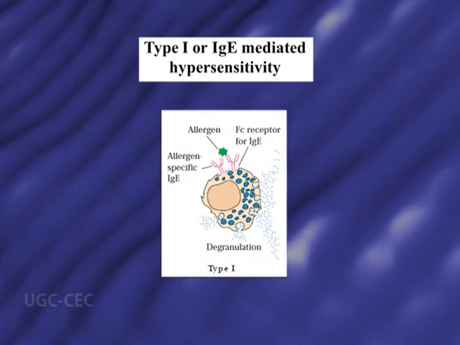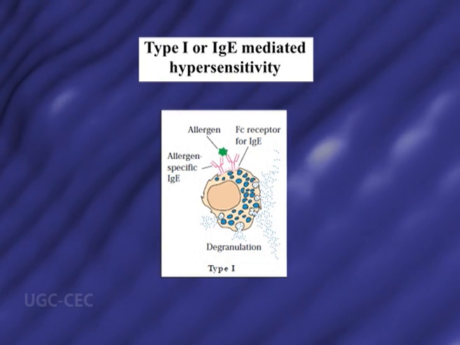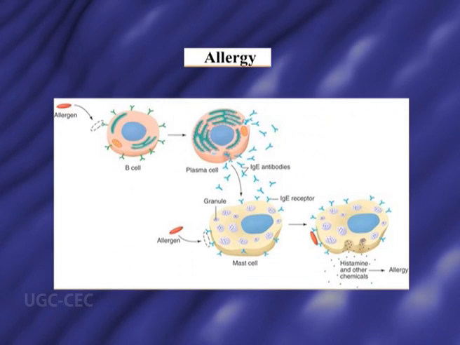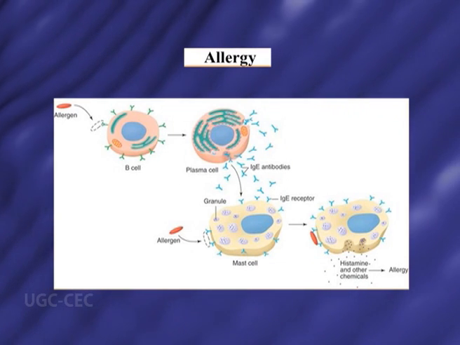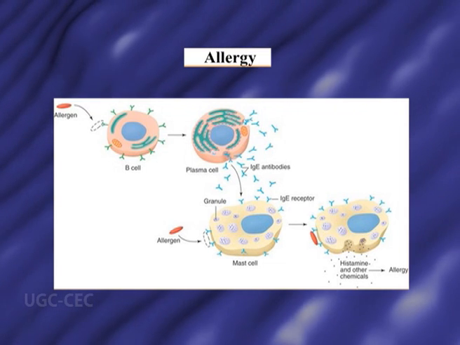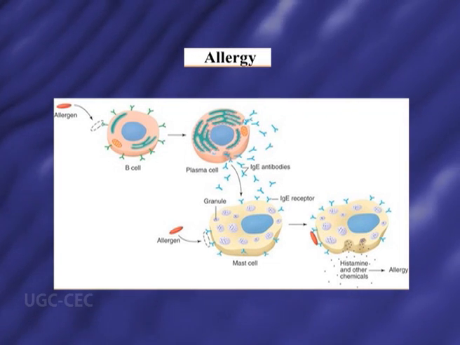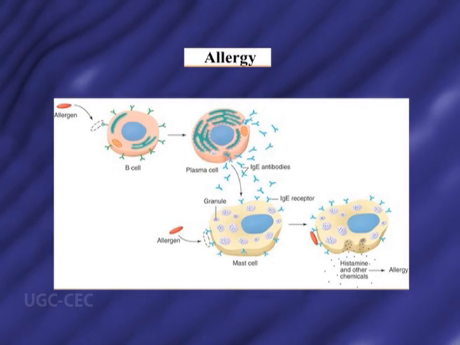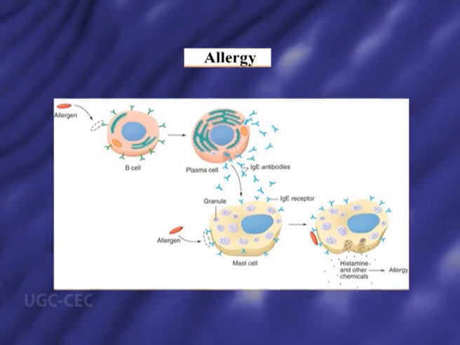Type 1 hypersensitivity is caused in the presence of some molecules called allergens, and it is like a normal immune response. The only difference is that here only the IgE immunoglobulin isotype is generated.